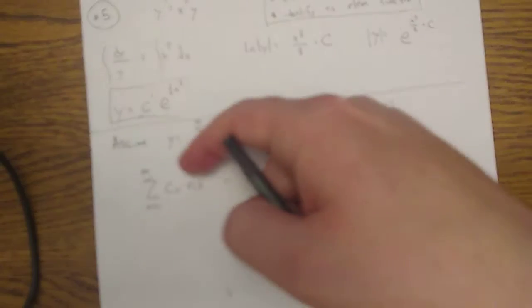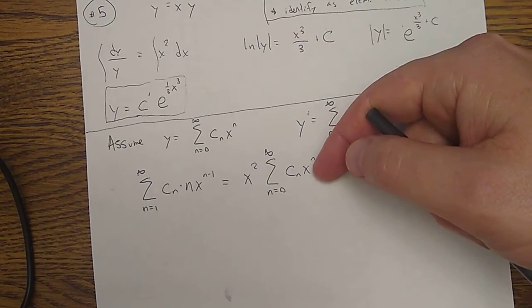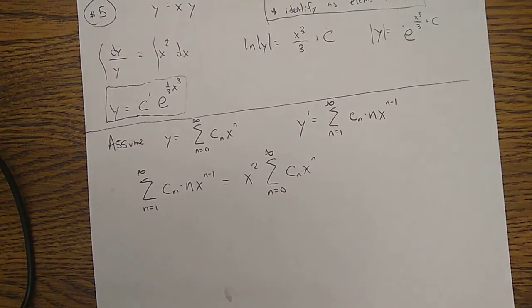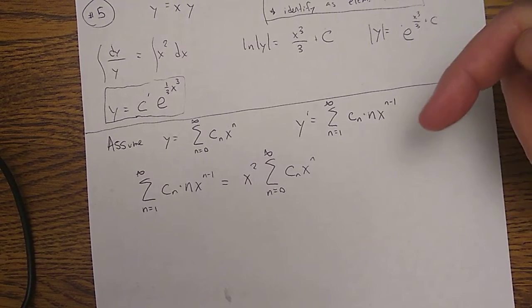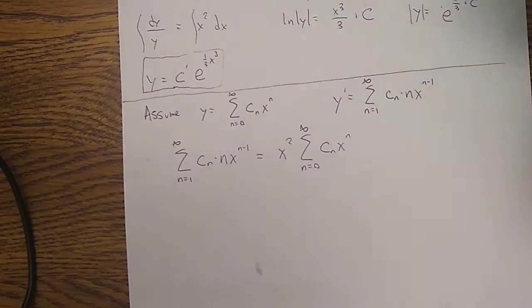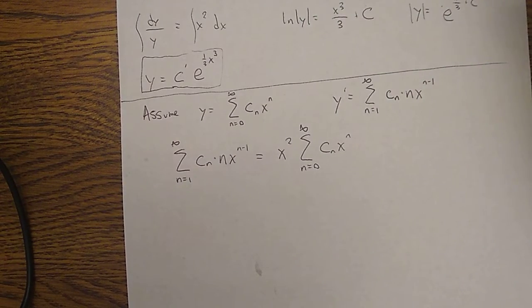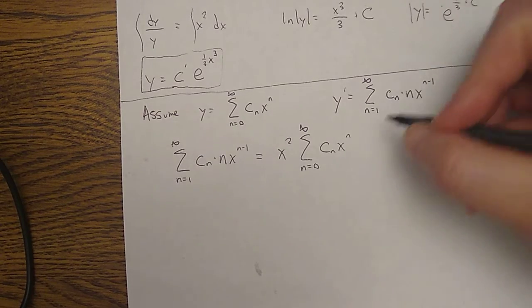So the coefficient of each power of x on this side should equal the corresponding power of x on this side. I would like to simplify both sides so it's clear what the coefficient of a specific power of x really is.